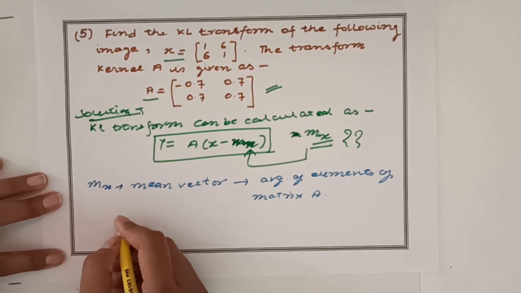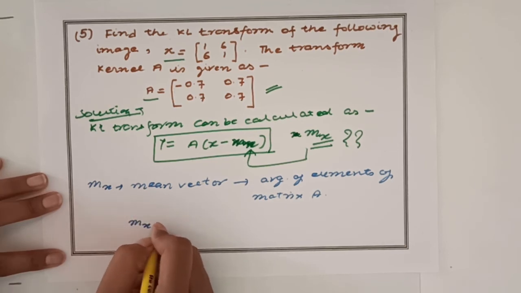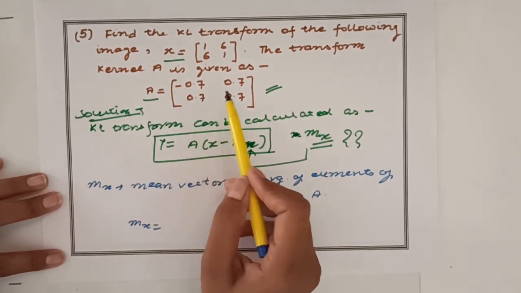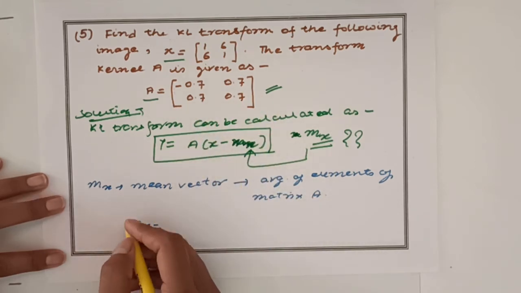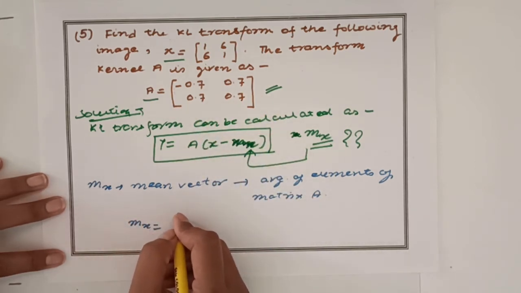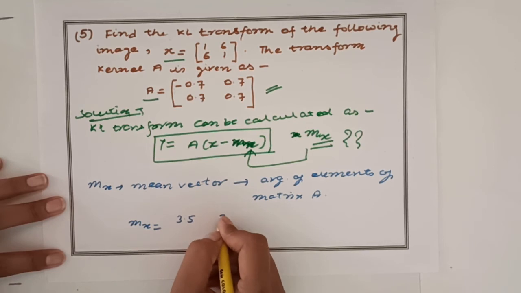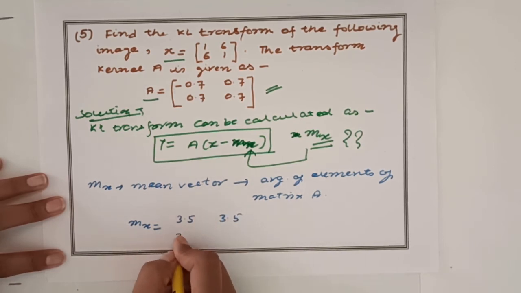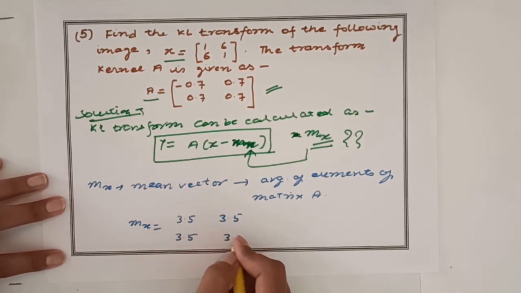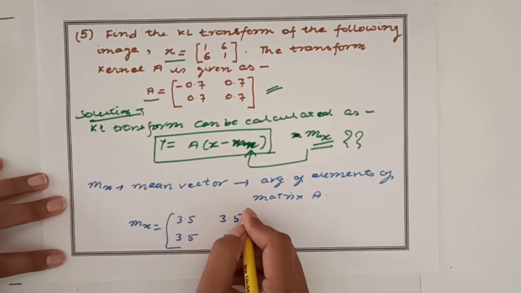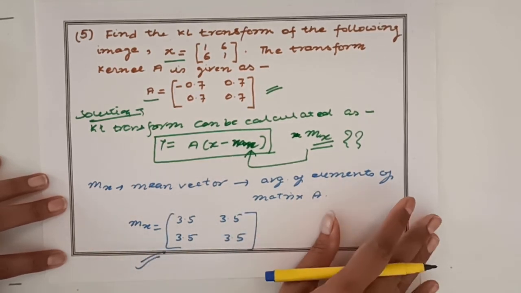So mx is what? 0.7 plus 0.7 plus this. So you will be getting this as 3.5, 3.5, 3.5, 3.5. This is the mx.